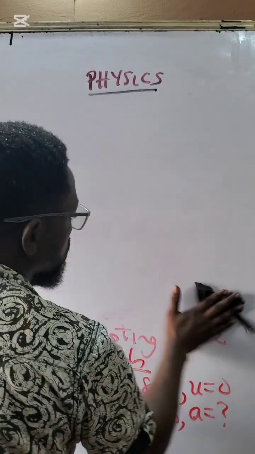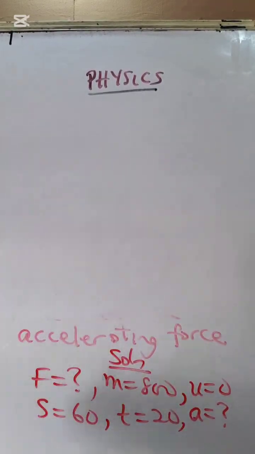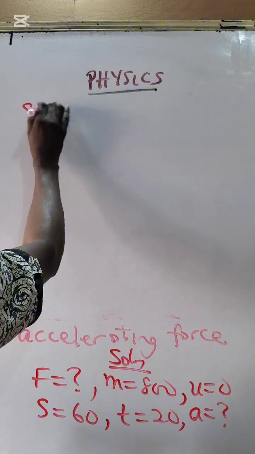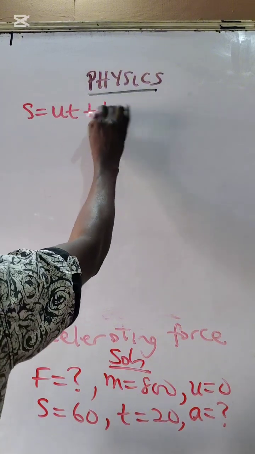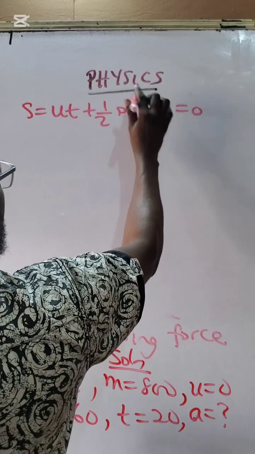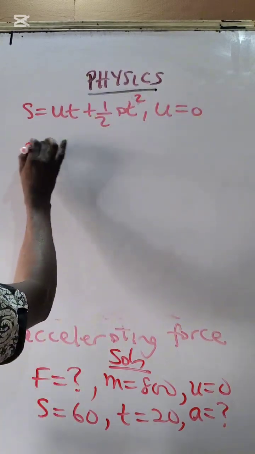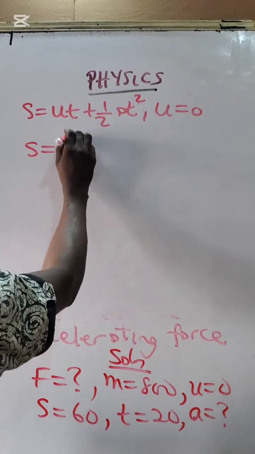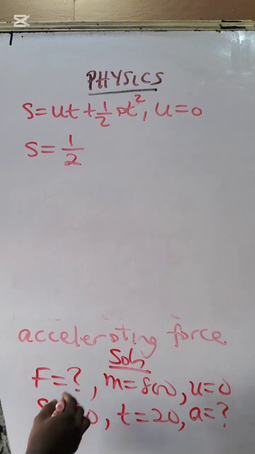From the equation of uniformly accelerated motion, we have s equals ut plus half at squared. So u equals 0, and if u is 0, we have this one as 0. So I'll have half at squared.